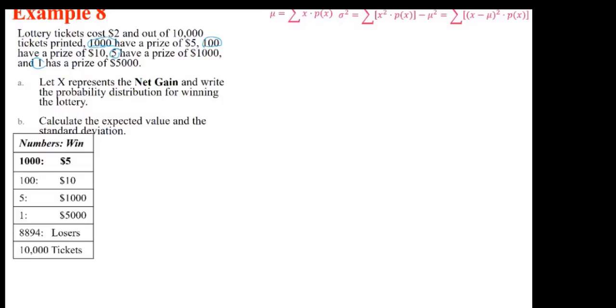So you add them up, and those are the winners, and you're going to subtract from the total of 10,000, and whatever is left is the rest of us that are playing and we are not winning. 1,000 are going to win $5, 100 are going to win $10, and so on. And look at the very last one, that's N, or the sample size, or 10,000 tickets. And how do we get to 8,894?